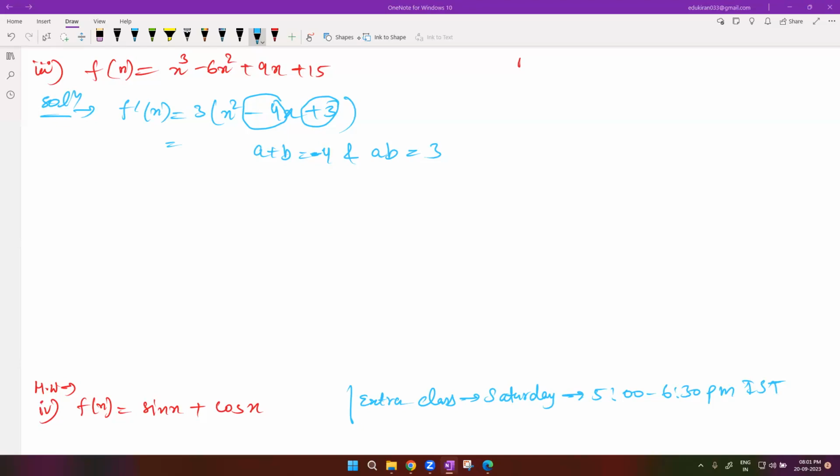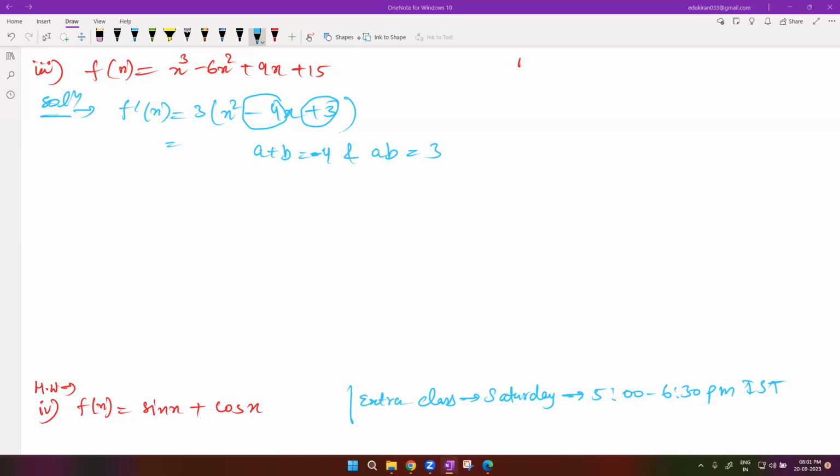Can they be classified as extreme points or points of inflection? And if extreme points, which is local minima and which is local maxima? Sir, 1 is local maxima. One is local maxima. Okay. And 3 is local minima.